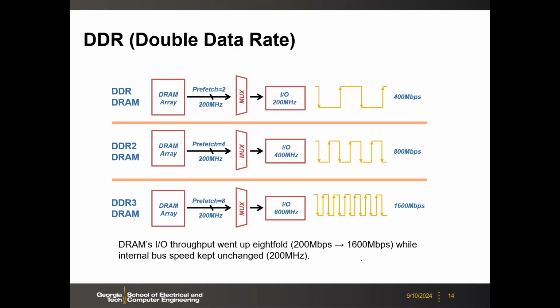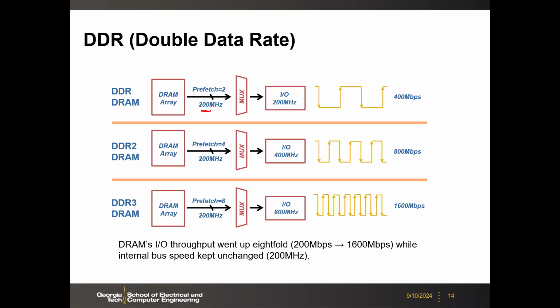Then, very important, we'll talk about the DDR here. You may have heard of DDR. It's a protocol for the DRAM I/O interface. It's short for double data rate. So what is that? Okay. From the DRAM bank, internally, you may have a clock frequency like 200 megahertz.